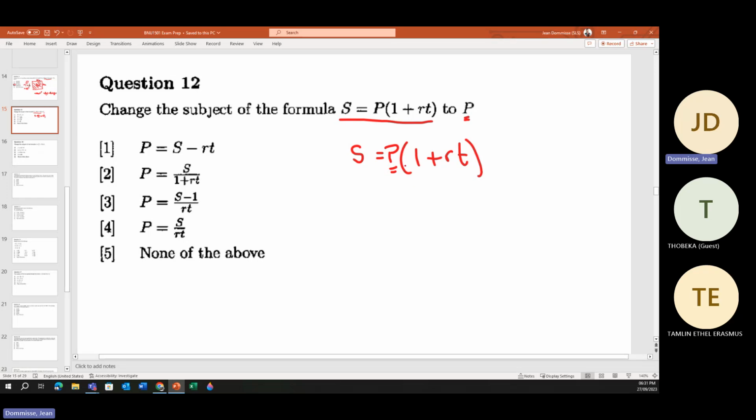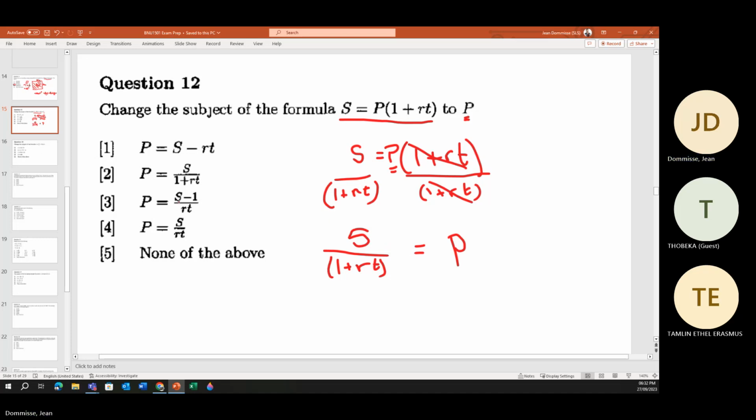The easiest way to do that is to say, well, I'm going to divide on both sides by 1 plus RT. If I divide on both sides by that, it will cancel out. So on this side, I will sit with P, and on the other side, I will sit with S over 1 plus RT. Okay, so S over 1 plus RT.